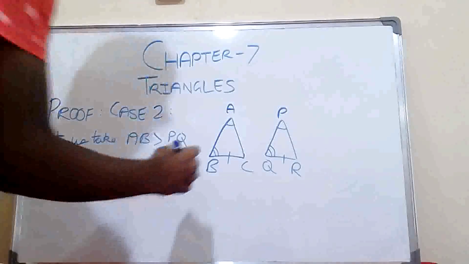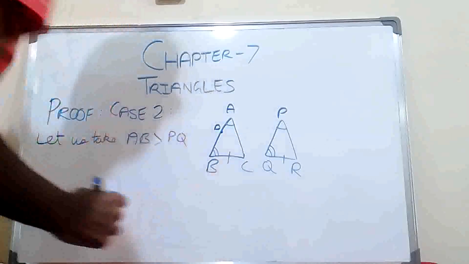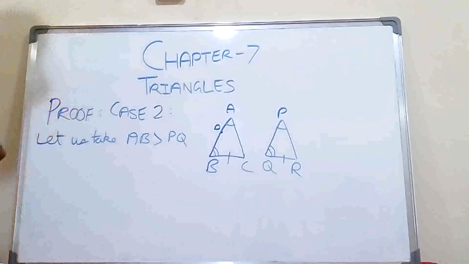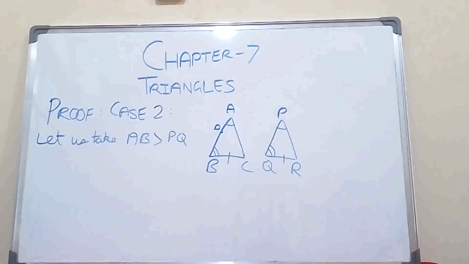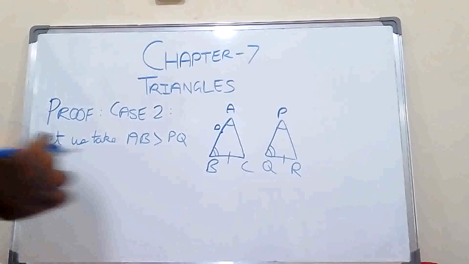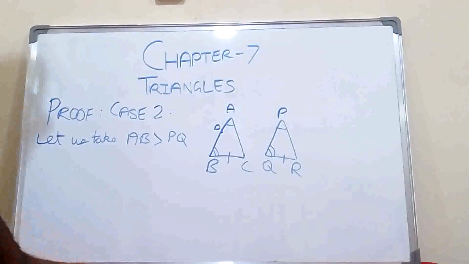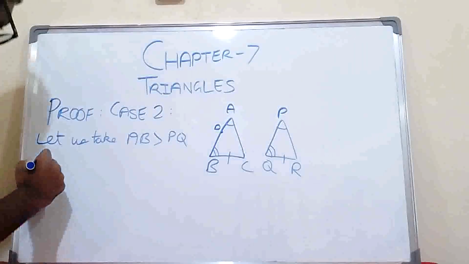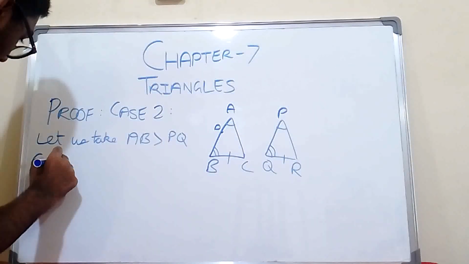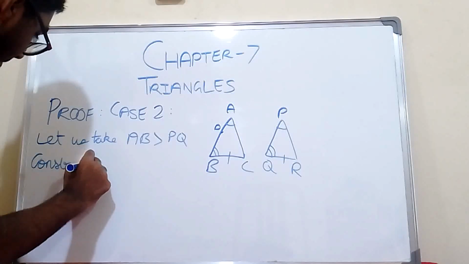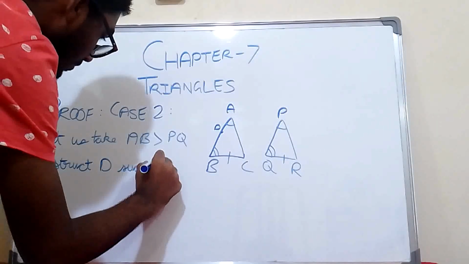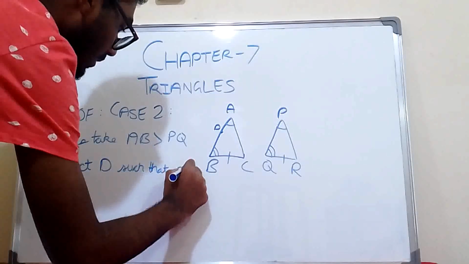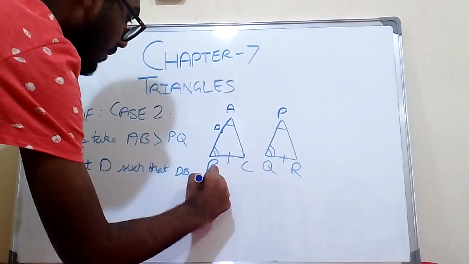Now let us construct a point called D, such that DB is equal to PQ. Because AB was greater than PQ, we are making a point D such that DB becomes equal to PQ. So we construct D such that DB equals PQ.